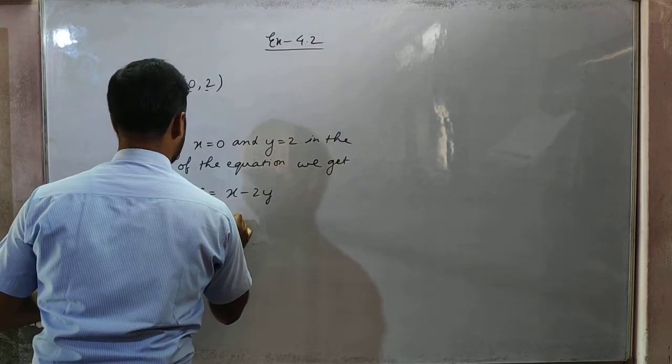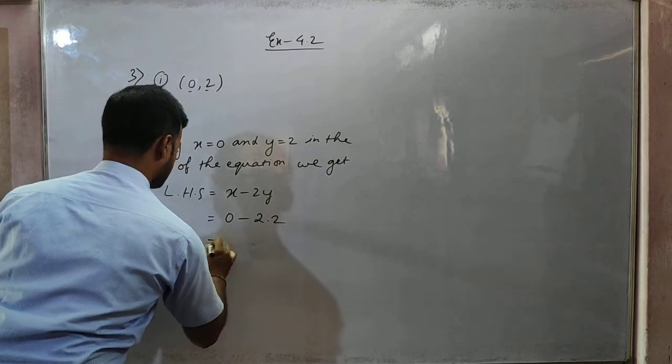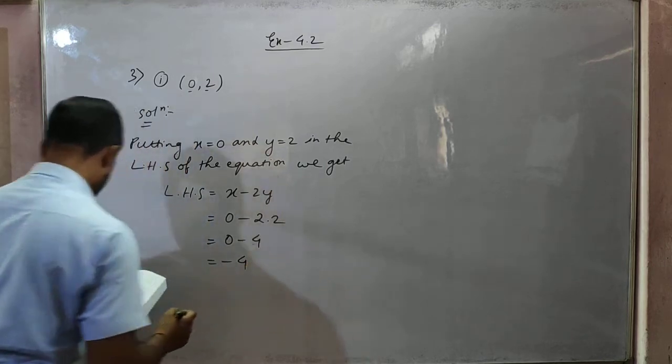So in place of x we will put 0 and in place of y we will put 2, so 0 minus 4 is equal to how much? Minus 4.